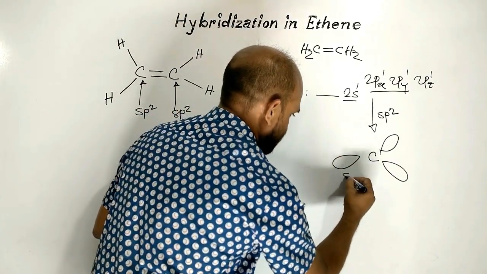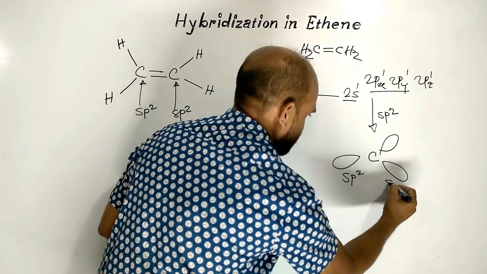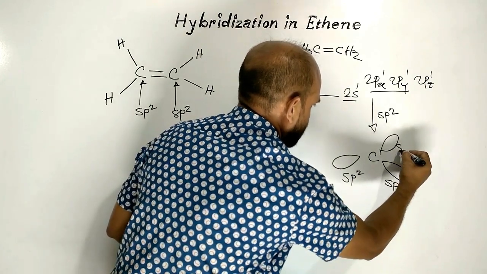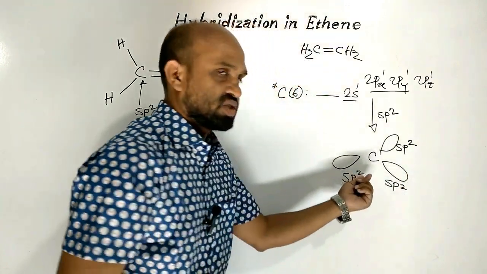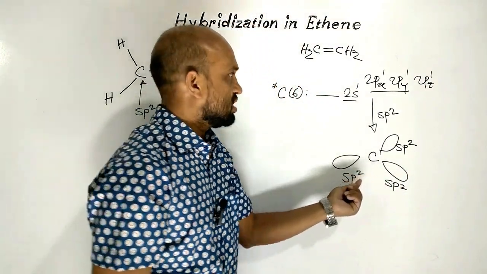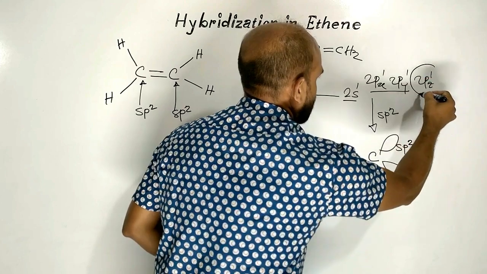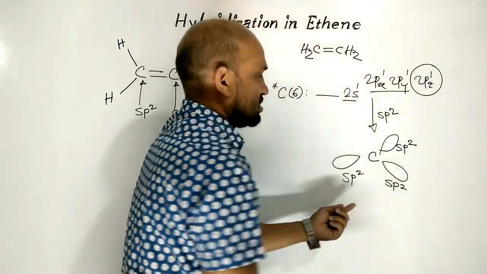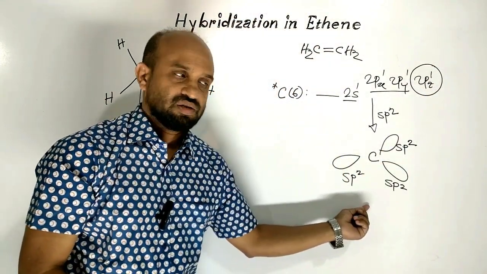Those are named as sp2, sp2 and sp2 orbitals. Here we see one p orbital remains unhybridized.